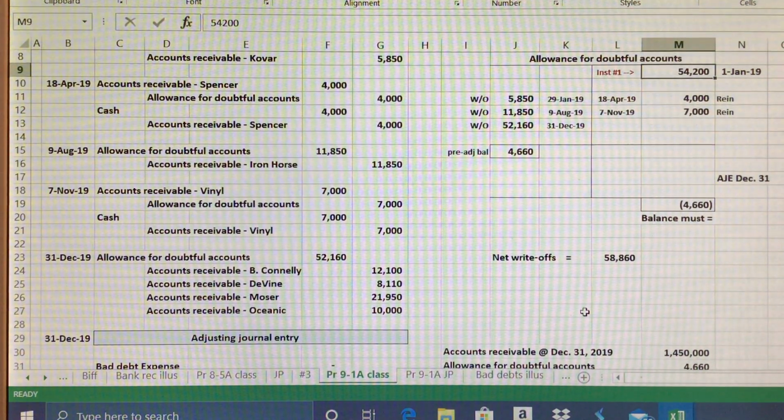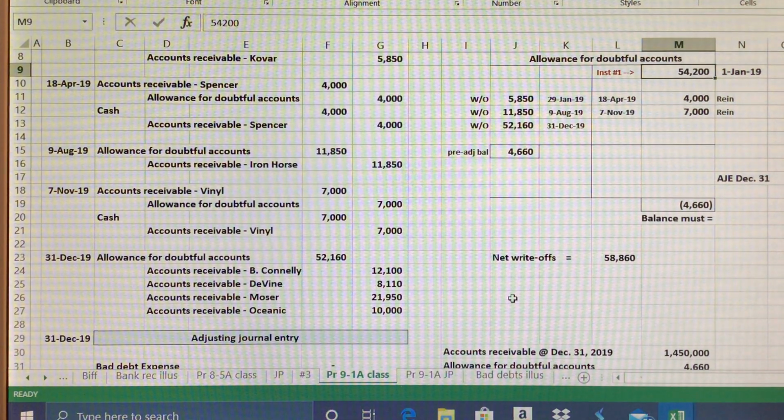Now, in the real world, this never happens because each month you make entries to continually increase the allowance account. If you didn't do that, you would only have bad debts in 1 month of the year, which would be December. So your financial statements would be out of whack from January through November. But we're not going to let that bother us right now.